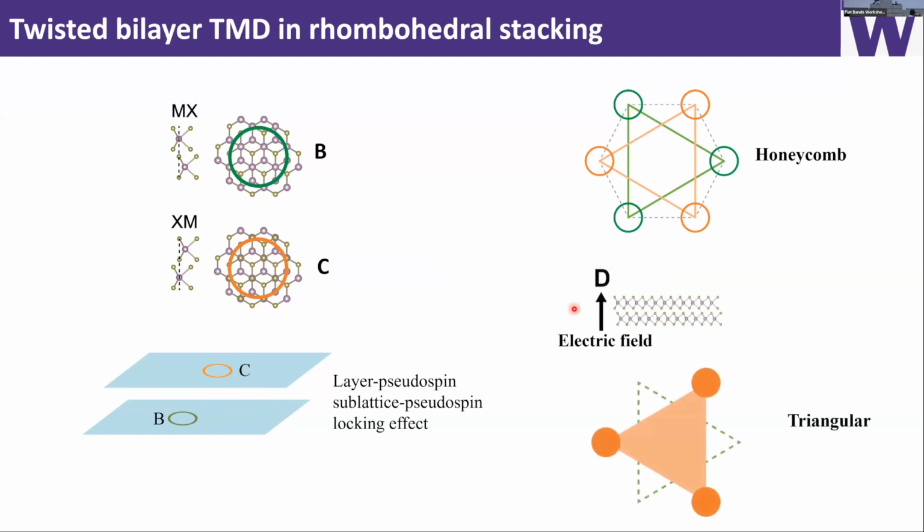For example, if you apply a vertical electric field across these bilayers, then you break the inversion symmetry and the layer degeneracy between the two layers, and this honeycomb lattice becomes a triangular lattice. So this electric-field-tuned superlattice symmetry gives us a knob to control the Hamiltonians, and then the phase transition in the systems, which I will talk about a little bit later.